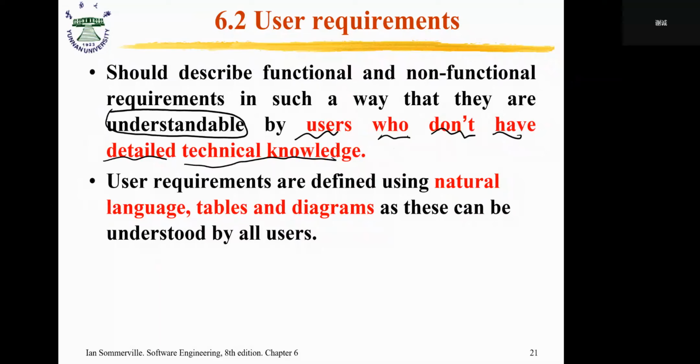This means you should not use very hard terms or very hard diagrams in the user requirement, because this user requirement is for the customer to read. And the user requirements are defined using natural language, tables or diagrams, as these can be understood by all users.